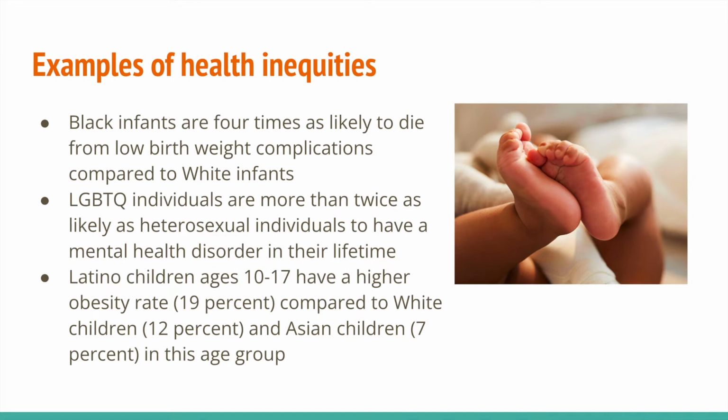Unfortunately, historically disadvantaged groups continue to experience poorer health outcomes compared to historically advantaged majority group individuals. Many individuals begin their lives at a significant disadvantage through no fault of their own. For instance, Black infants are 4 times as likely to die from low birth weight complications compared to white infants.